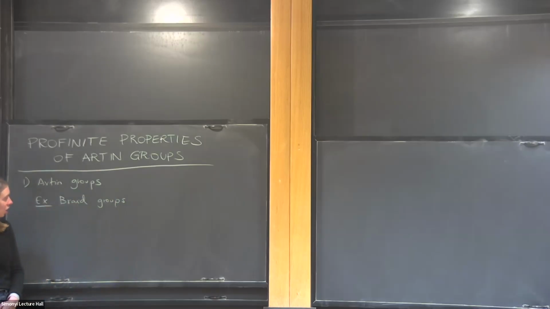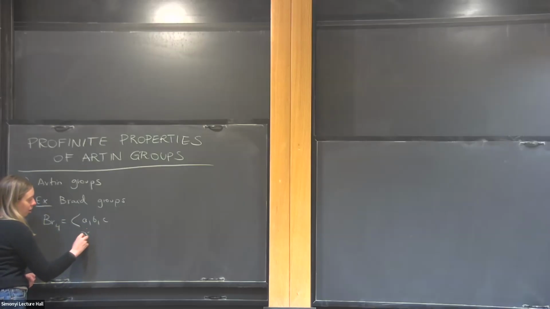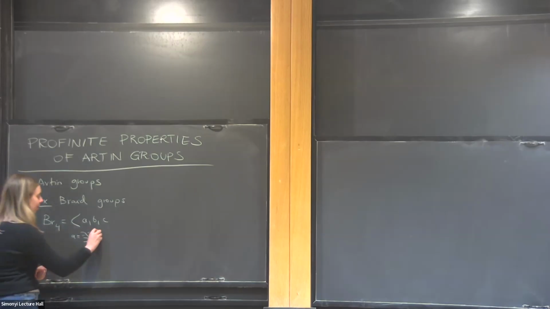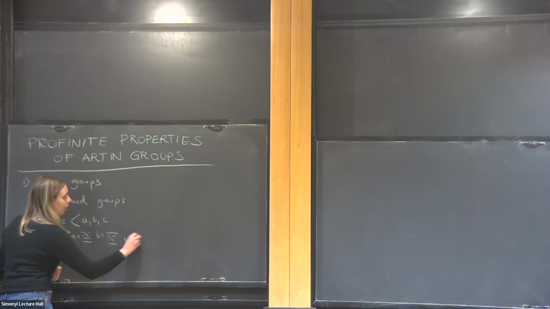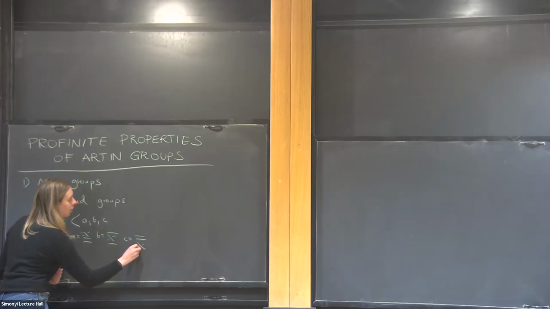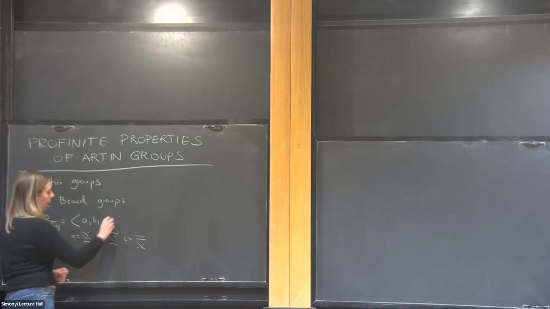Operation is concatenation. I'm going to write down a group presentation. I'm just using an example of a braid group on 4 strands. So it has 3 generators, where each of the generators is a braid with a single intersection of 2 consecutive strands.